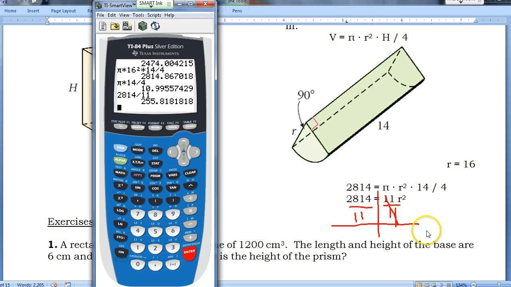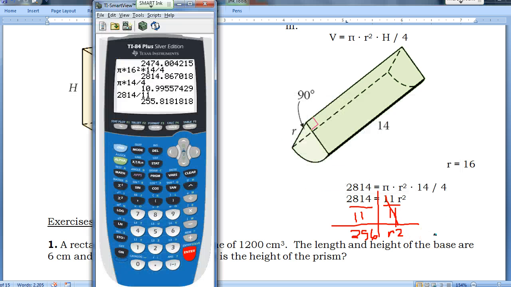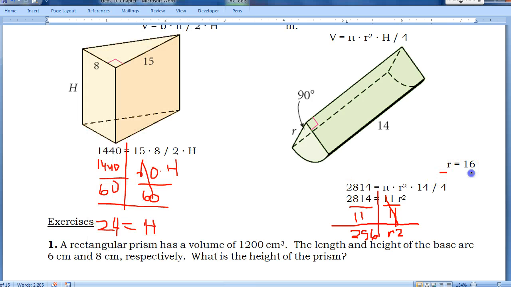I think I'm going to round that to 256. Then we have to undo the power of 2. We undo the power of 2 with a square root. And I get the same answer, r equals 16.